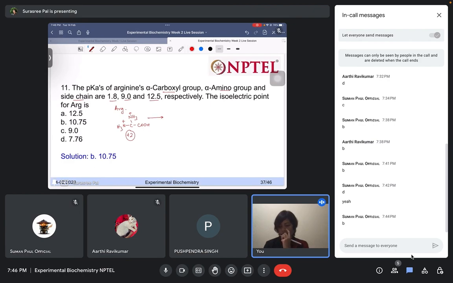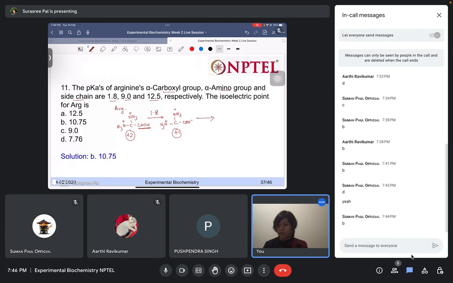What will happen first as we increase the pH is that the first proton will be lost from COOH, so it will be converted to COO-, NH3+, NH3+, just like lysine we were talking about. So the net charge will be plus 1. So this pK was 1.8.